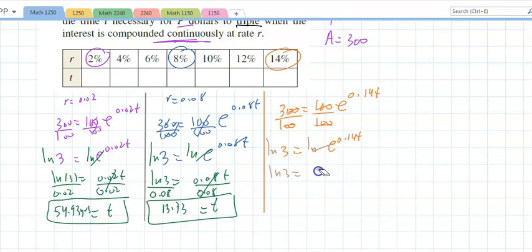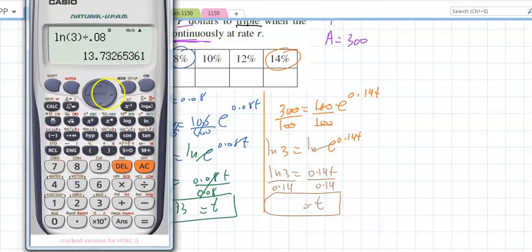Not 1.4%, 14%. Divide by 0.14. And t would be, again, my calculator. All I have to do is go back. I could restart the whole thing. That's not that much work. Divided by 0.14. And that turns out 7.85 years.